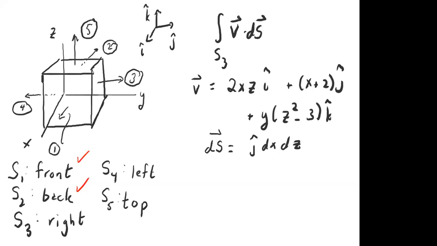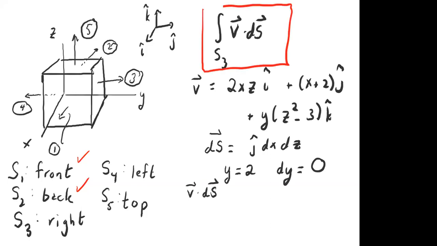And the other thing about this surface integral that you'll need to know is that y for surface 3 is 2. So dy is 0. So you will need to evaluate the integrand inside this surface integral.